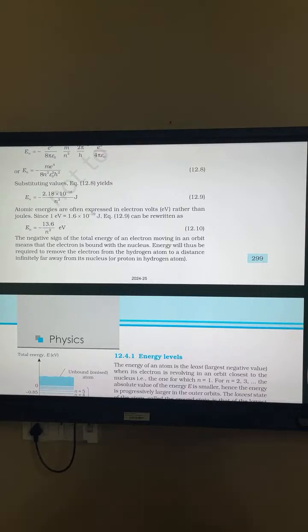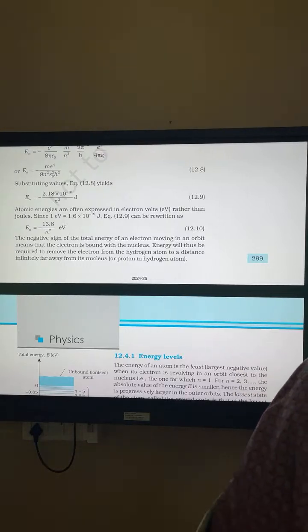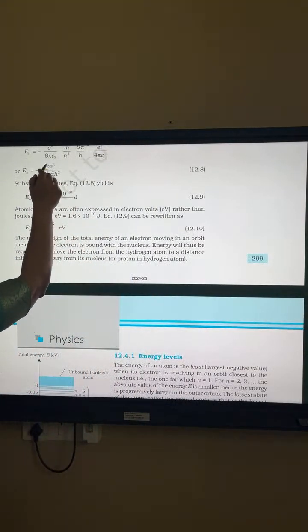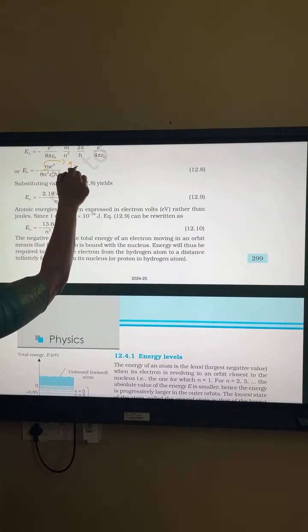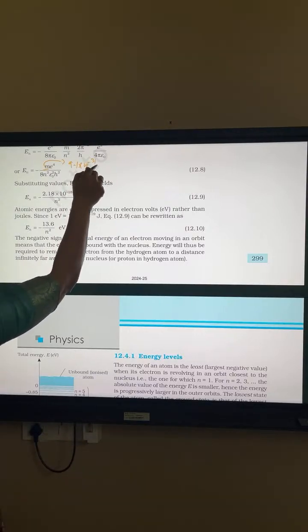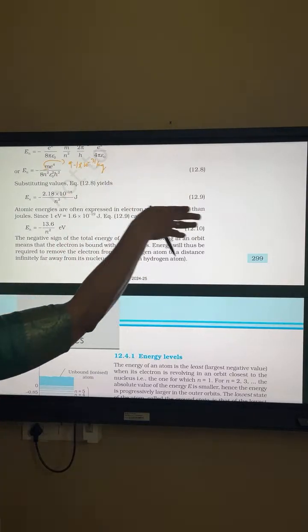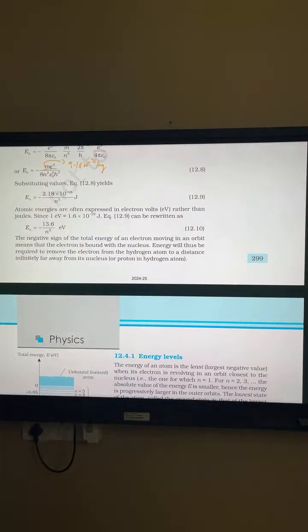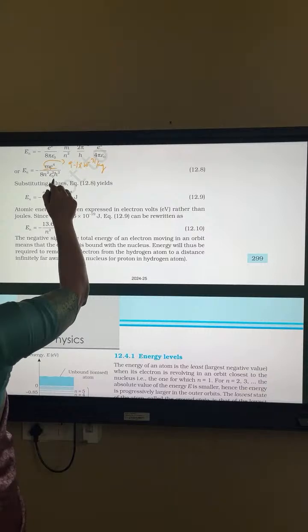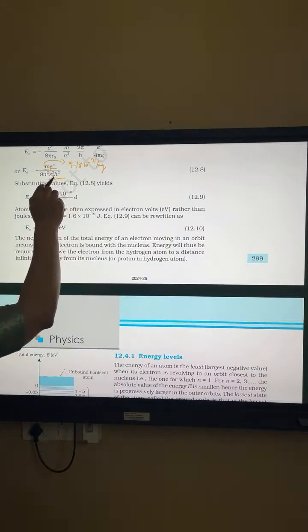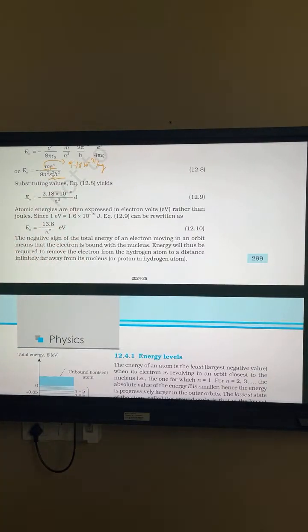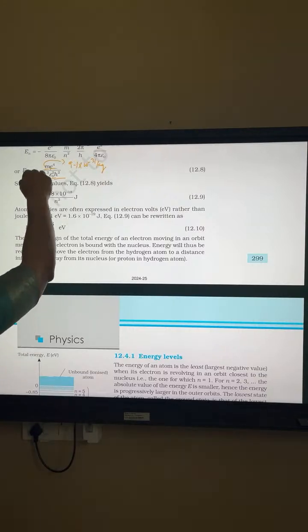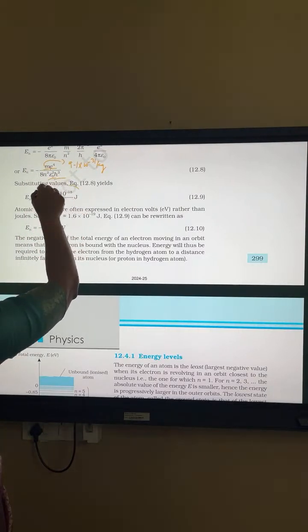What is the mass of an electron? Mass of an electron is 9.1 into 10 to the power of minus 31 kilogram. Similarly the mass of a proton and everything you have to substitute, and then e is 1.6 times 10 power minus 19, then the h value, epsilon naught value. Everything you know, right? So all the values are substituted and the result will be like this.